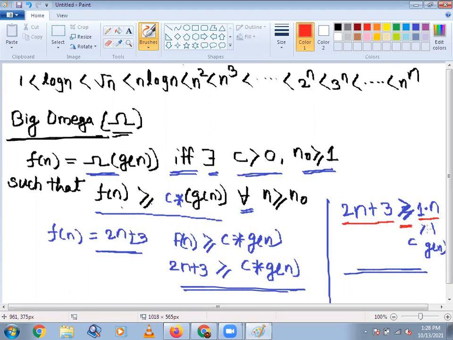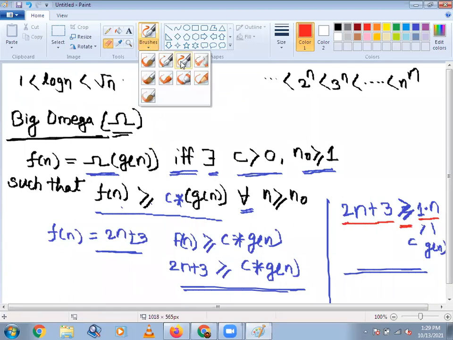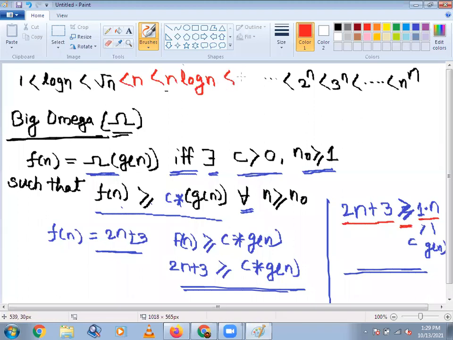It satisfies the equation. Okay. Here in the general equation, one term was missing. Satisfy or not? Yes, it will satisfy.